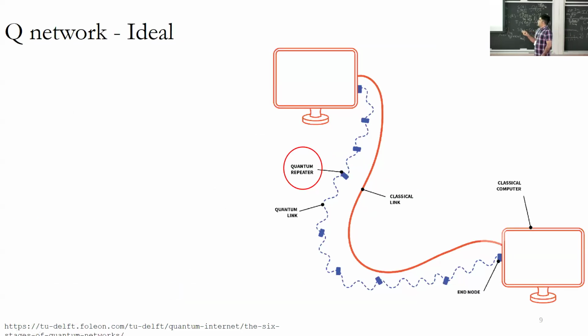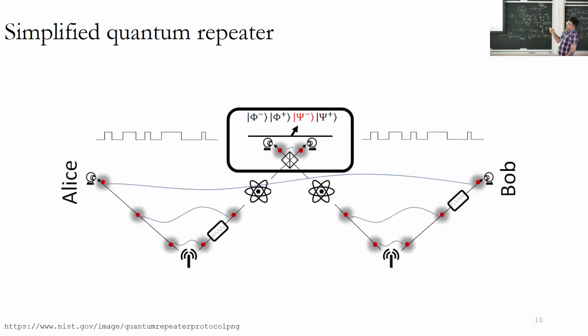And what is the dream? The dream is to realize a quantum repeater which doesn't need converting information from quantum to classical. A very simple scheme for a quantum repeater is something like this. We have two parties, Alice and Bob, who want to share an entangled state. You have two sources, each producing a pair of entangled particles. One of these particles from each source goes to the distant party, Alice and Bob.